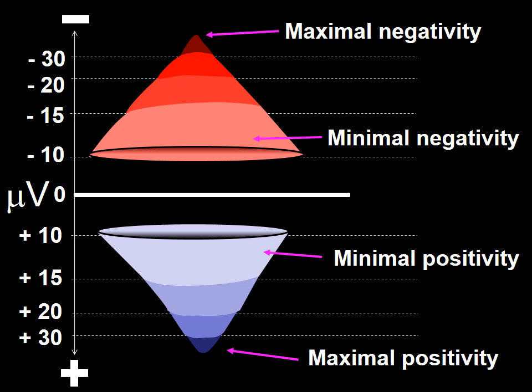In this frame, I have represented the maxima and the minima of a negative electrical field and of a positive electrical field. They are both independent, and if we assume a single radial dipole generator as the source of all the potentials recorded at one time by an EEG at the scalp, they cannot coincide in time.